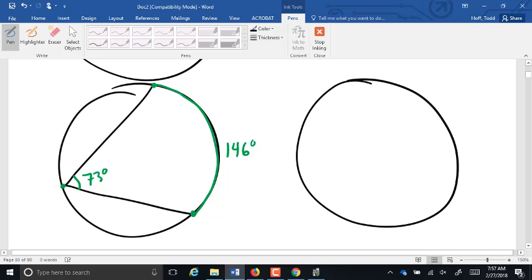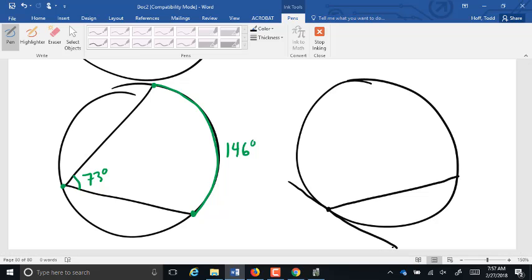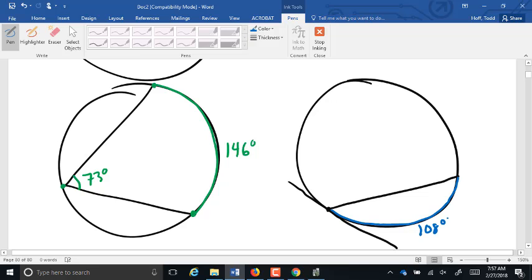Well, what if that angle, the vertex is still on the circle, but instead of both sides being chords, one side is a chord and one side is a tangent? Well, and let's say that this arc here, let's give that arc as 108 degrees.